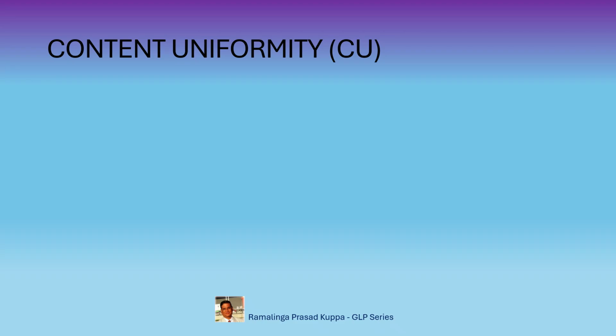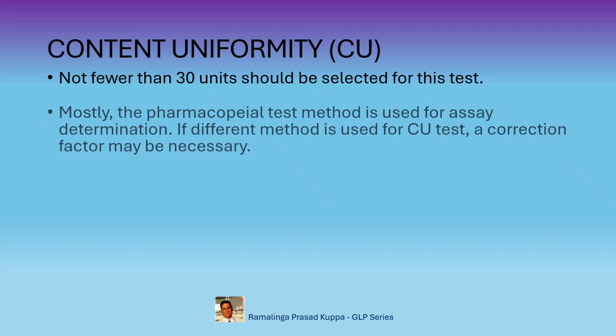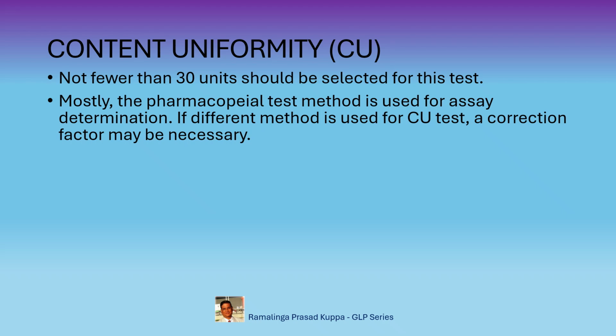Content uniformity CU test. Not fewer than 30 units should be selected for this test. That means you have to take randomly more than 30 tablets and select 30 out of that sample lot. Mostly the pharmacopoeial test method is used for assay determination.